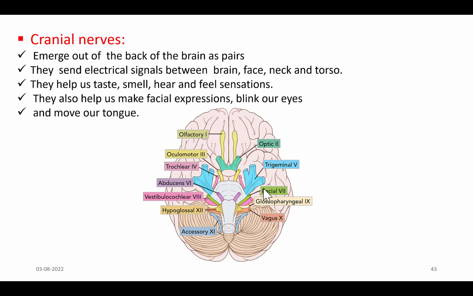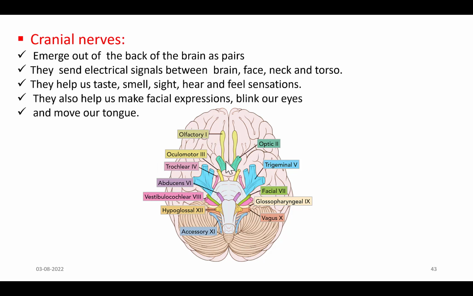So there are 12 such pairs of nerves that are arising from brain. We don't need to remember these names. They are out of scope. Just for the idea's sake, I am showing the names also, but no need of mugging the names. So we have 12 pairs of cranial nerves that arise from back of the brain as pairs.